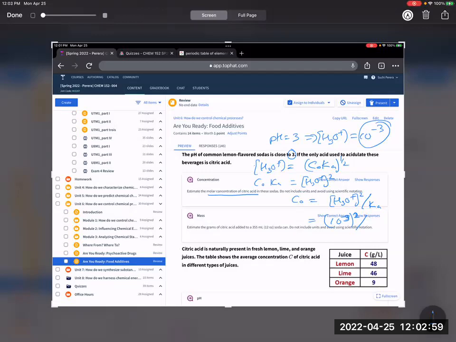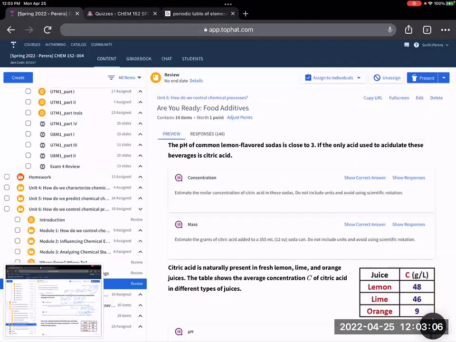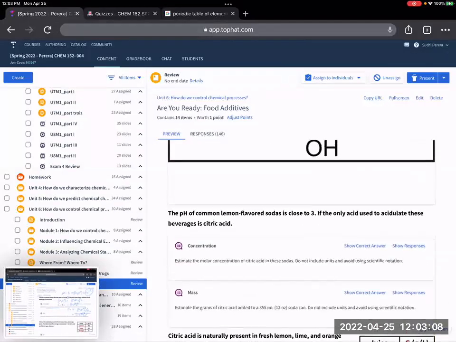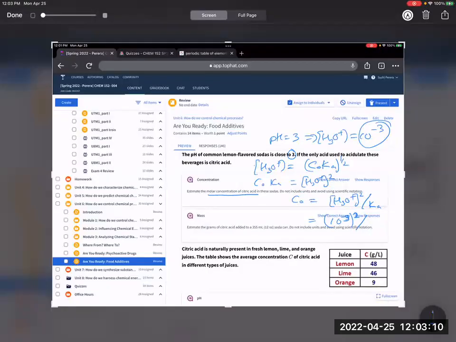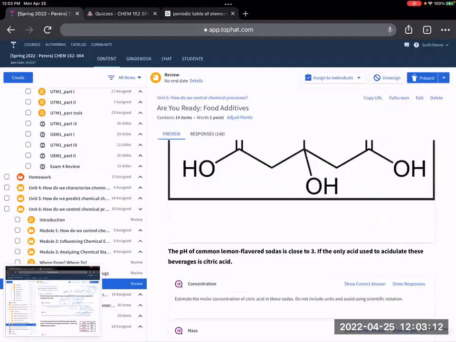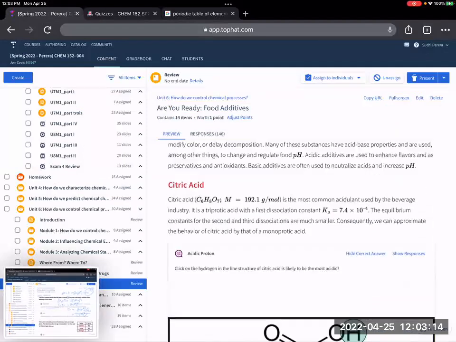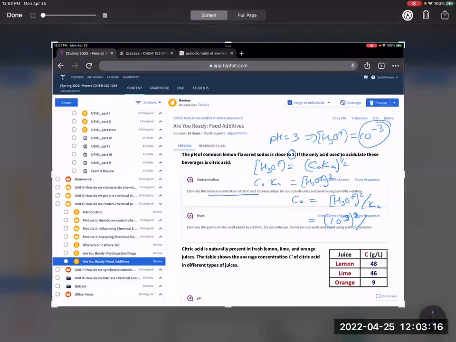of citric acid, which is, let me see if I can find it really quickly. All right, that's going to be 7.4 times 10 to the power of minus 4.